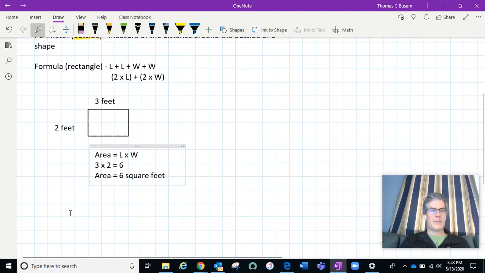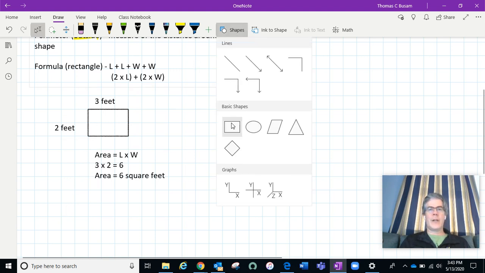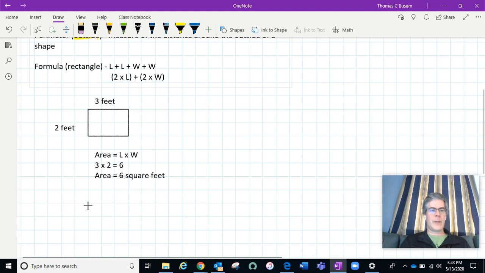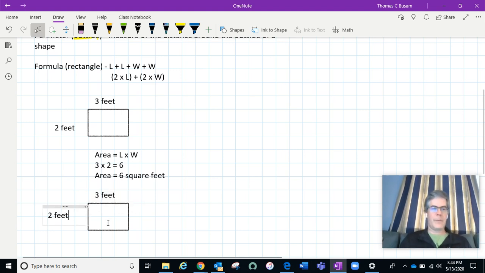Now perimeter works the same way. I will go ahead and redraw the same shape so we can look at perimeter. Our shape is 3 feet by 2 feet. Normally in these problems, there will only be 2 of the sides labeled.